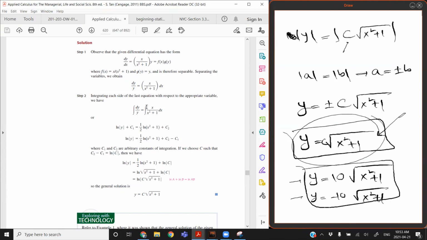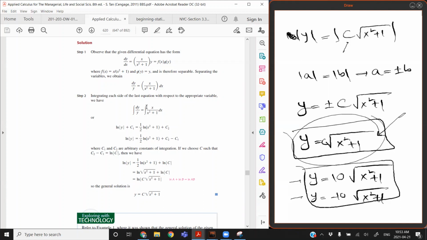We will see some problems like that later on. So generally, I will just put a c. If you're asked for the general solution, you just put a c over here, and then you stop. That's your general solution. And what is c? c is any number that you like, an arbitrary number.